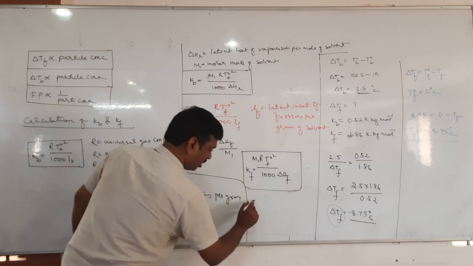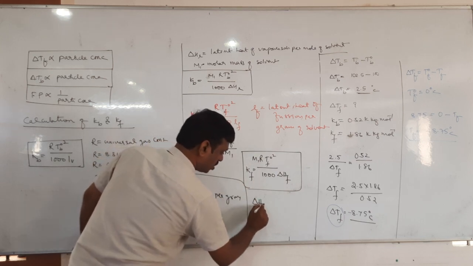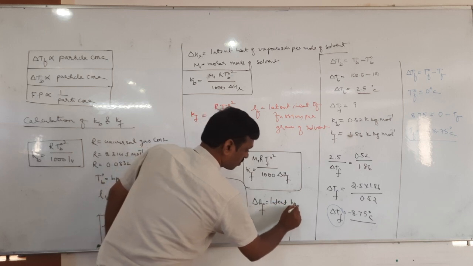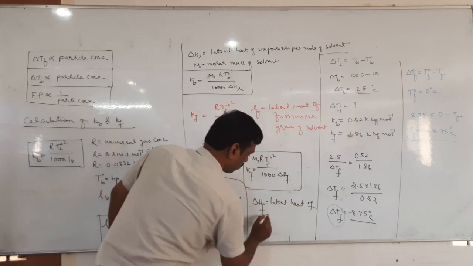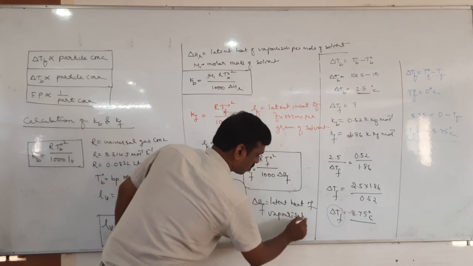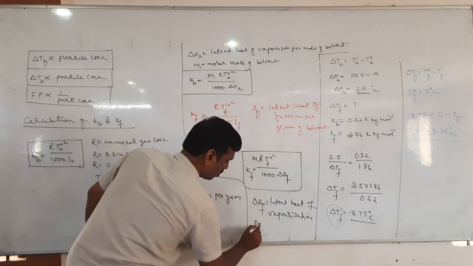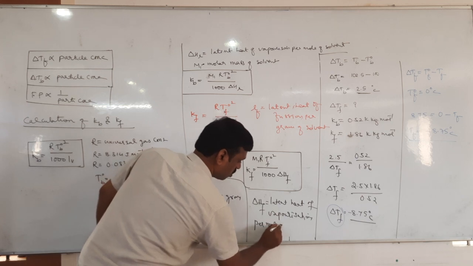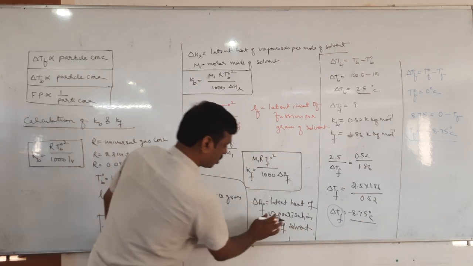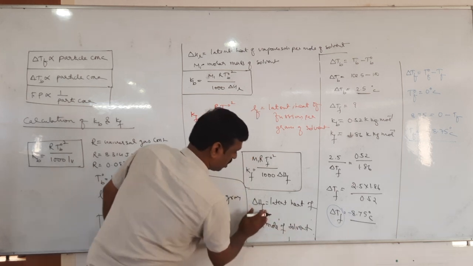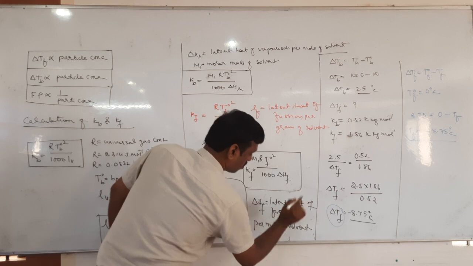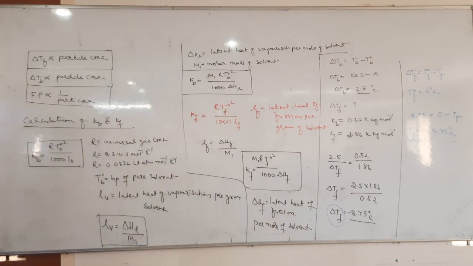So all the terms are the same, only delta HF is latent heat of fusion per mole of solvent.